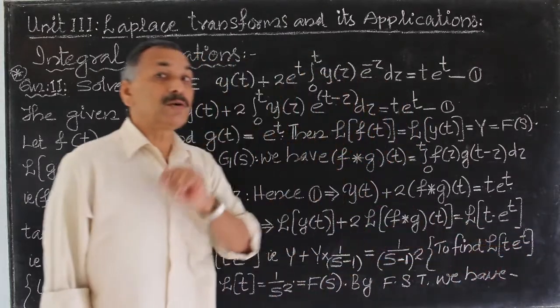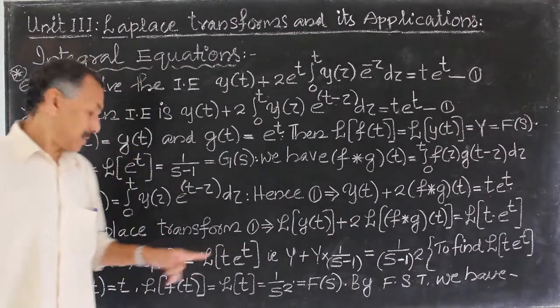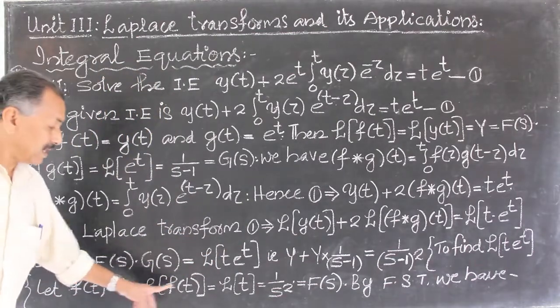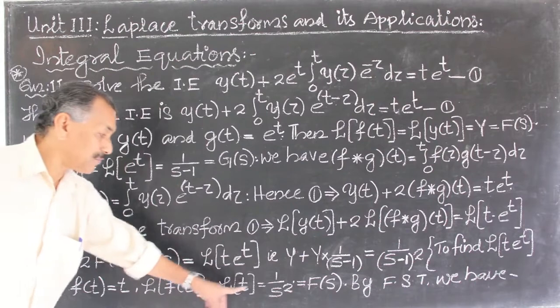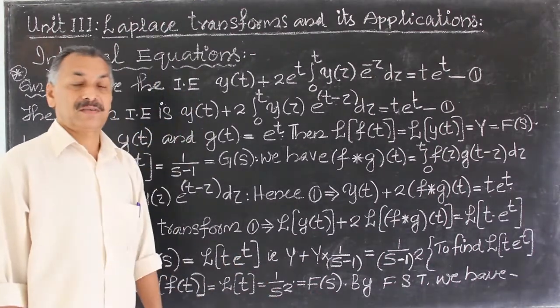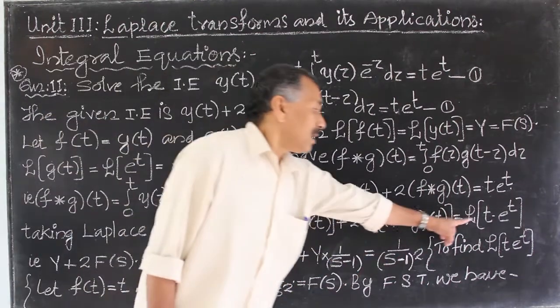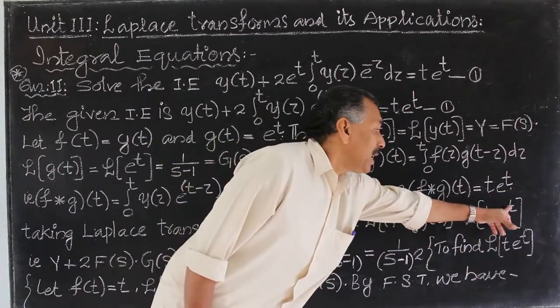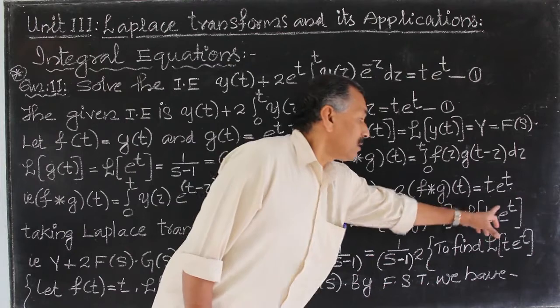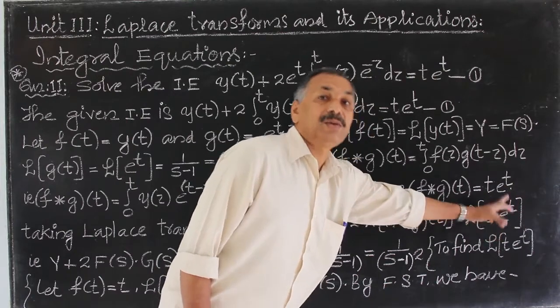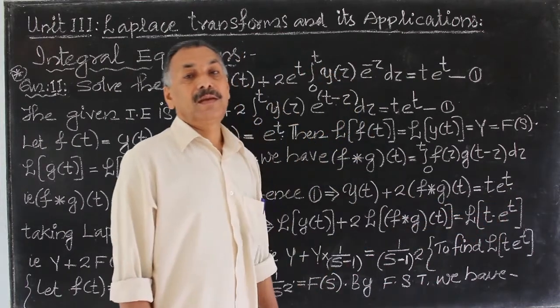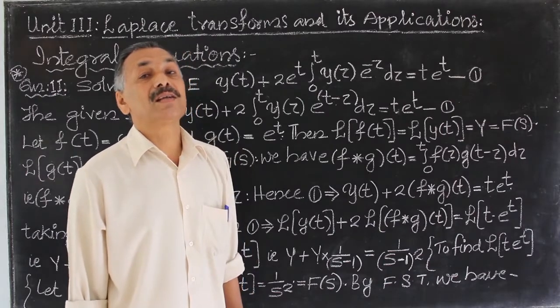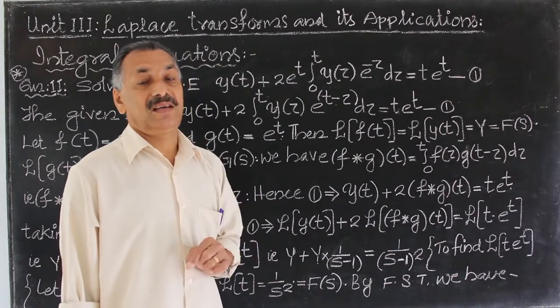Let f of t is equal to t. Then what is L of f of t? L of t is equal to 1 by s squared, which is F of s. If the transform of f of t is F of s, then e raised to at into f of t, that is t into e raised to at written as e raised to at into t, has transform F of s minus a.